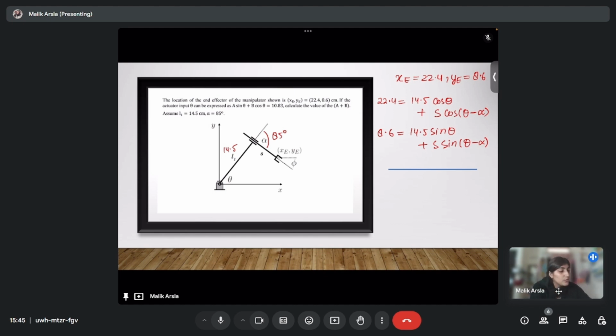So what you can do, if you are still not getting it, I will give you a hint. You can write it as 22.4 minus 14.5 cos theta, take this to the right side, is equal to s cos of theta minus alpha.